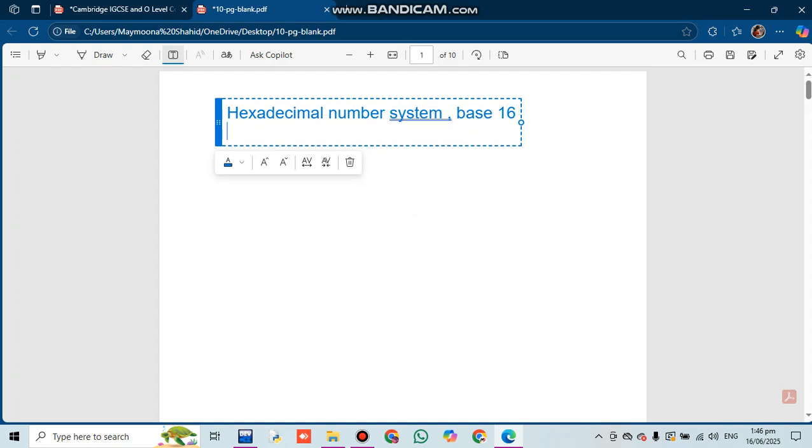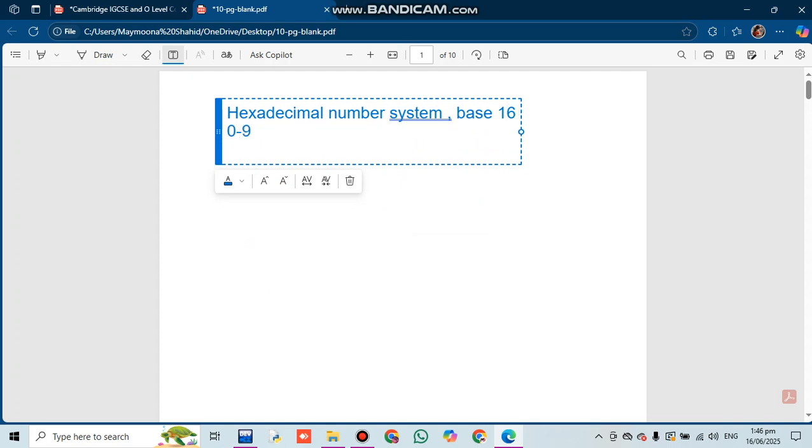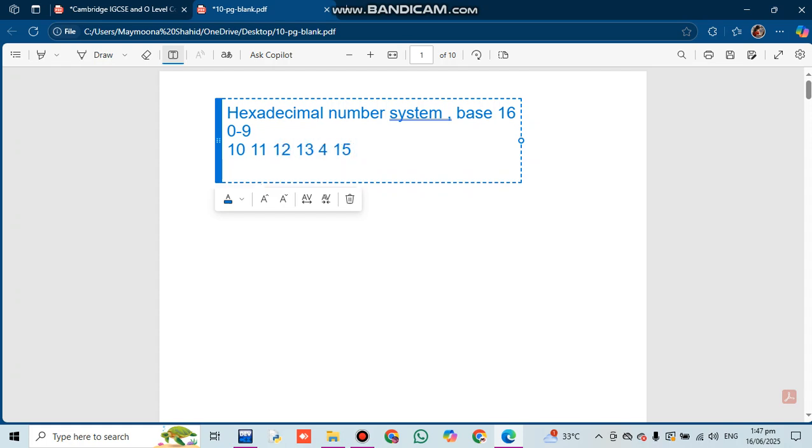Its range is from 0 to 9, and the rest of the digits, like 10, 11, 12, 13, 14, and 15, will be represented by letters.